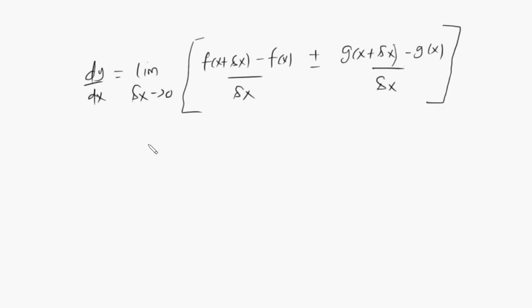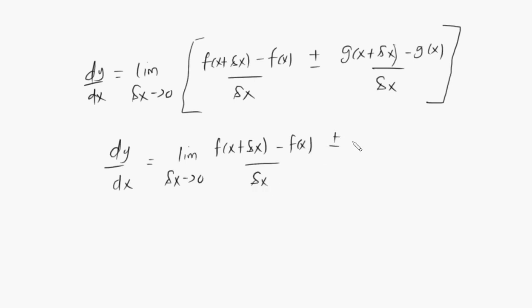Now I apply that idea of limit. So dy/dx is just equal to the limiting value as delta x approaches 0 of f(x plus delta x) minus f(x) over delta x, plus or minus the limiting value as delta x approaches 0 of g(x plus delta x) minus g(x) over delta x.